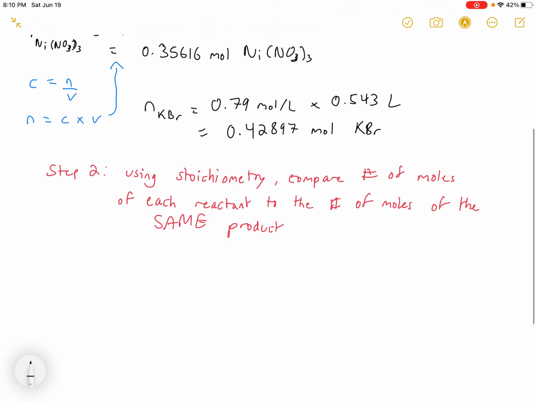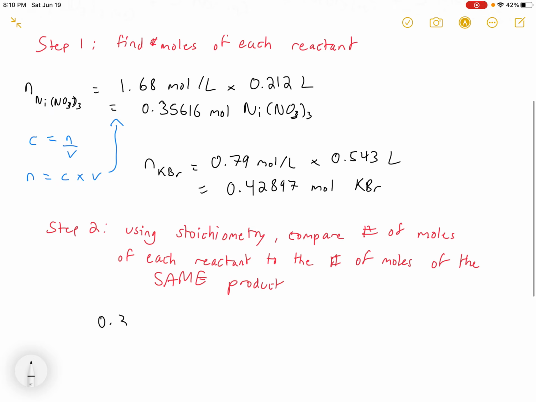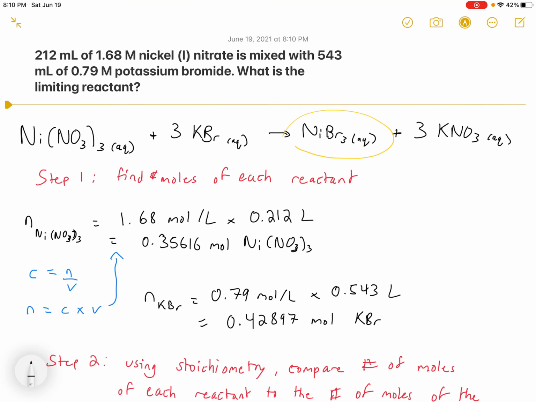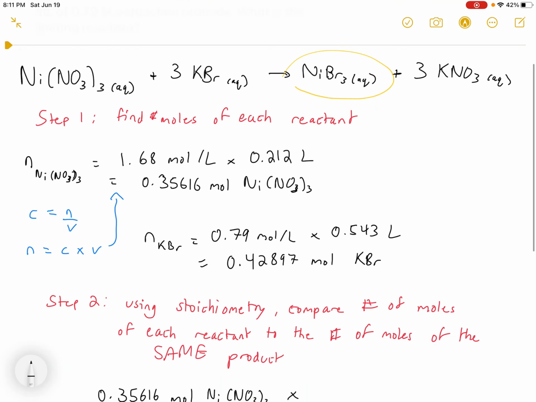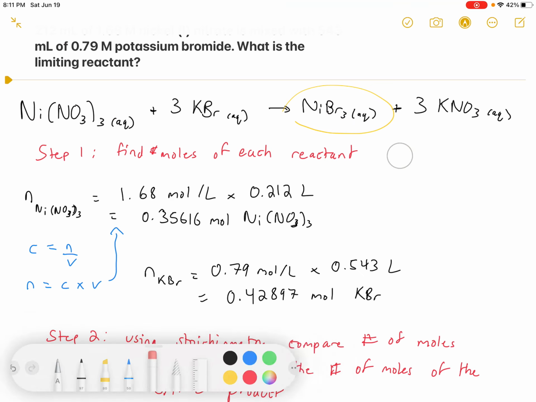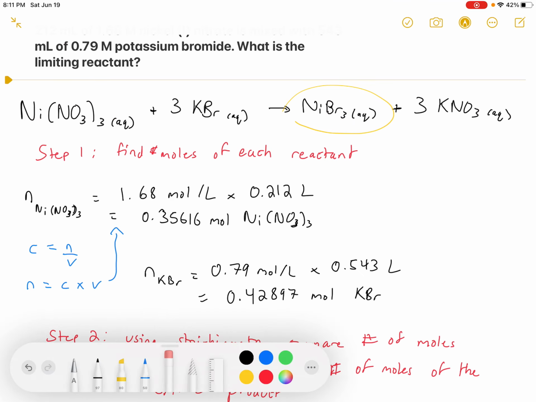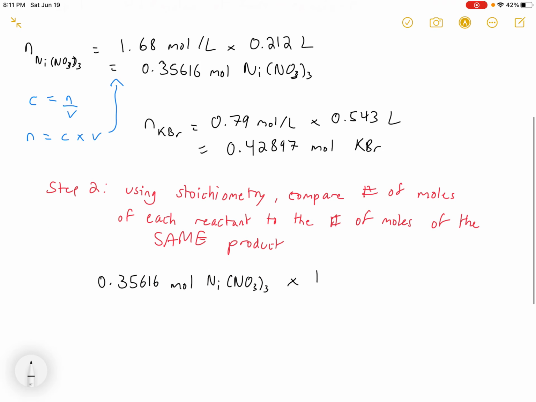So we'll set up our stoichiometry. So if we have 0.35616 moles of the nickel nitrate, the balanced reaction equation tells us that there is 1 mole of nickel bromide for every 1 mole of nickel nitrate, because you see in the balancing there it's 1 to 1, in case that wasn't clear, see there and there.